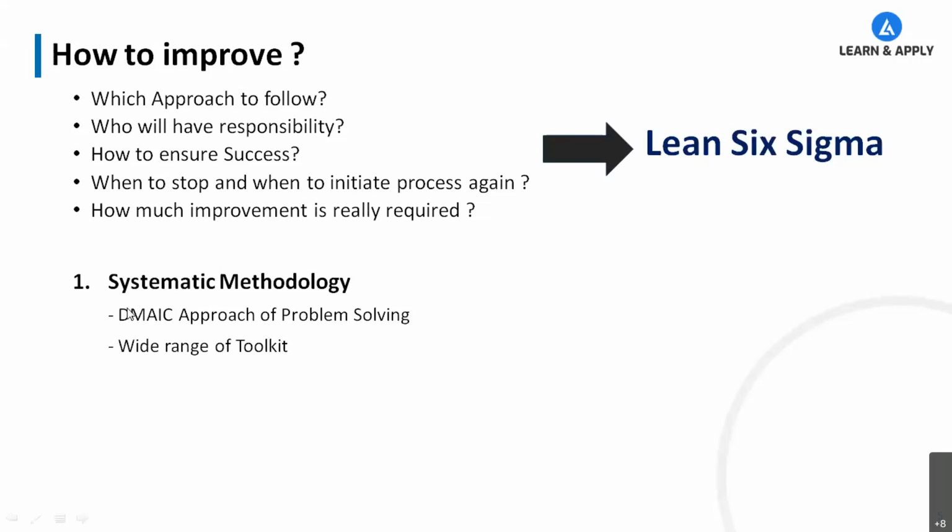It has the DMAIC approach. We will see in detail what the DMAIC approach of problem solving is. That provides us a very promising bedrock on which we can base our improvement activities. And it also contains a wide range of toolkits which we can use to improve our process, monitor it, and keep on track, and that ensures the long-term success of these improvement activities.